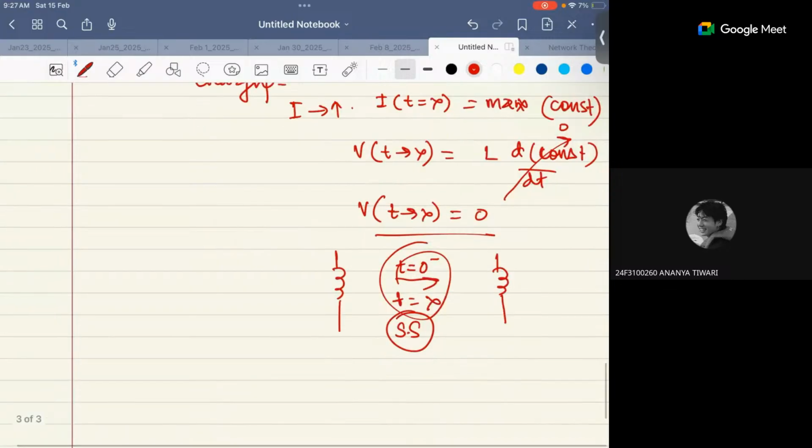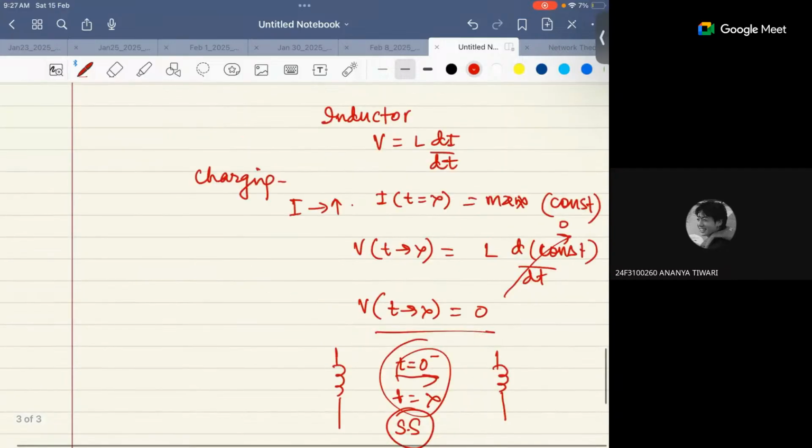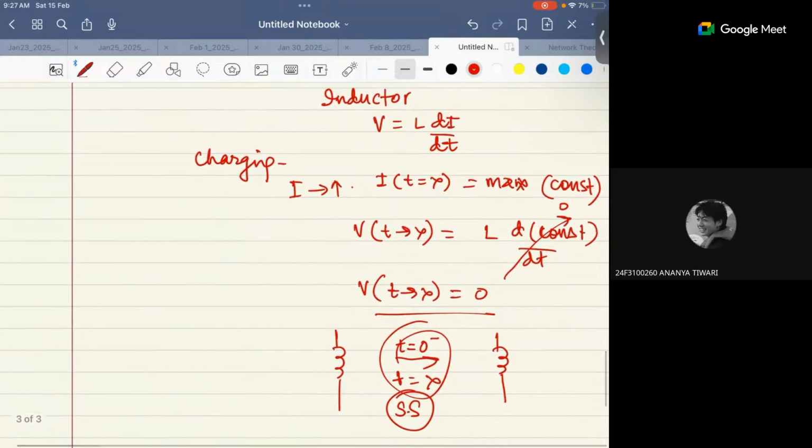Yes, sir. Sir, in the lecture, I didn't get how the professor changed it into a current source and voltage source. Like source transformation, right? Anything that is there, let's say the example you are talking about, the capacitor case.